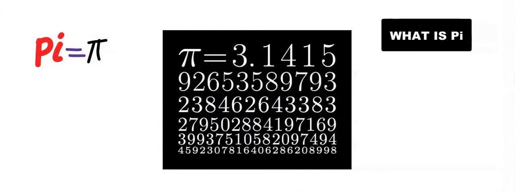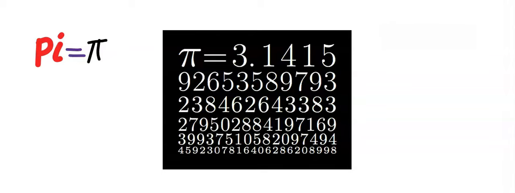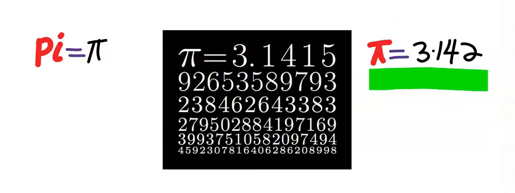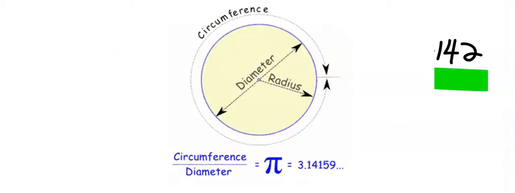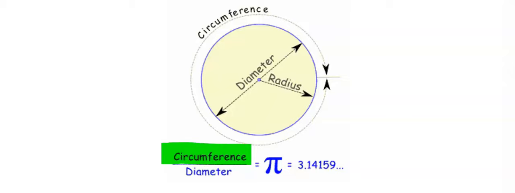Next, pi is an infinitely long number, which is simply written as 3.142, and is a constant for any given circle. No matter the radius of the circle, the ratio of the circumference to the diameter must be constant.